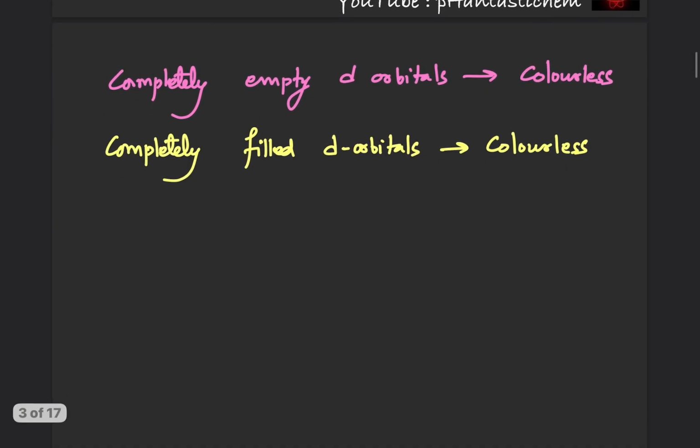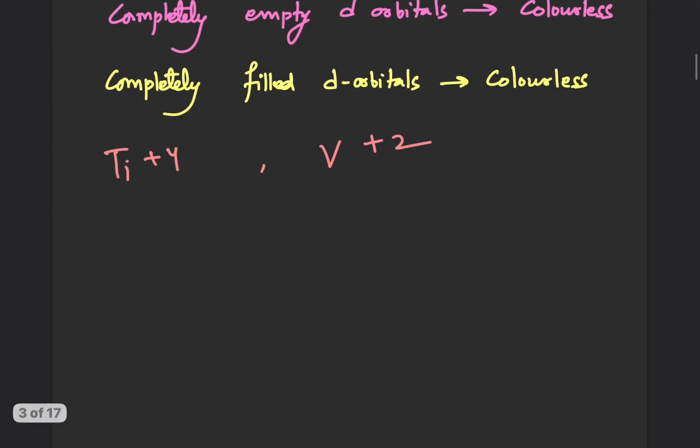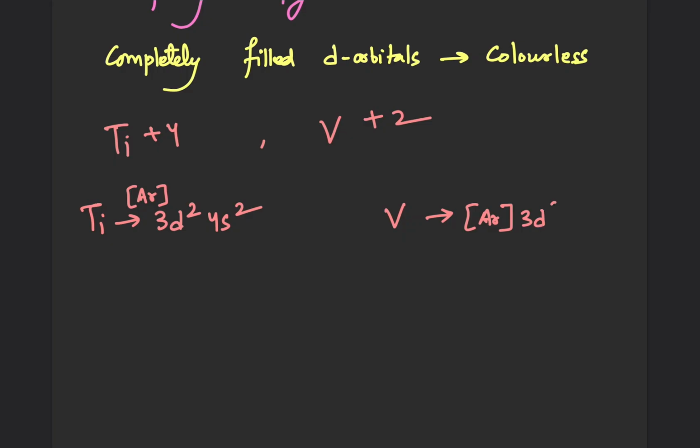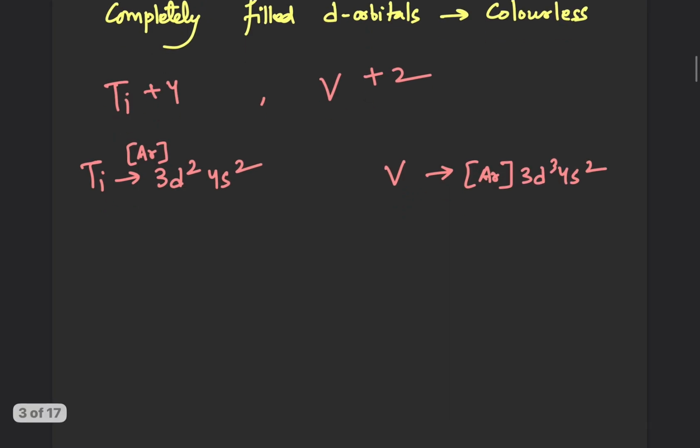The first pair given to us is titanium+4 and vanadium+2. Titanium's configuration is 3d2 4s2, with an inner core of argon. Vanadium's configuration is argon 3d3 4s2.